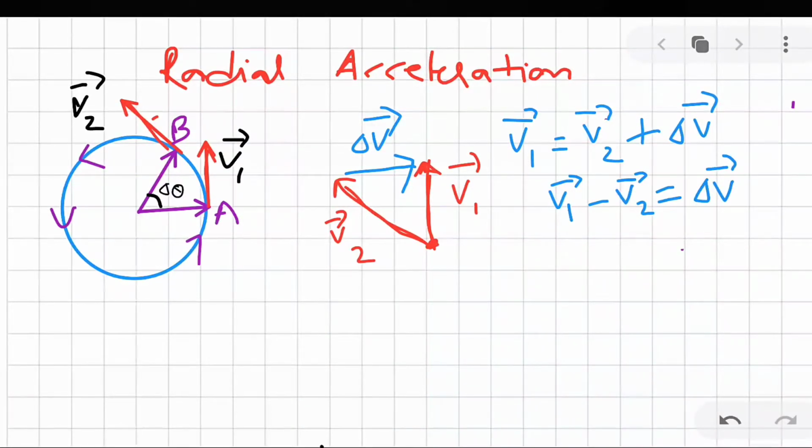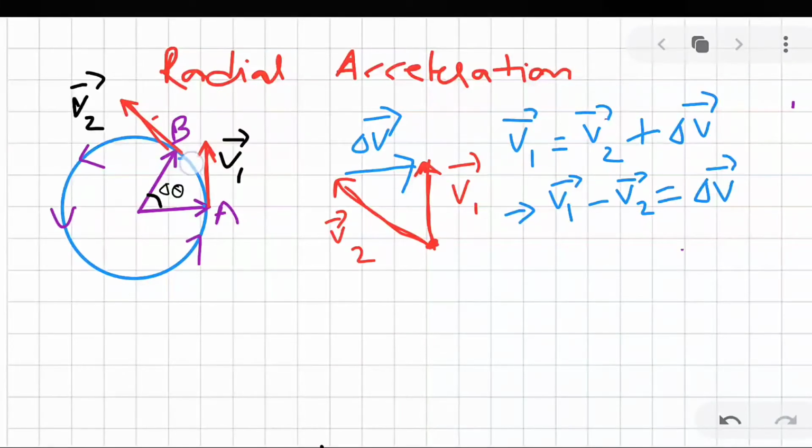So now we have one relation: v1 minus v2 is equal to delta v. Now when the particle has moved from A to B, suppose delta S is the displacement.